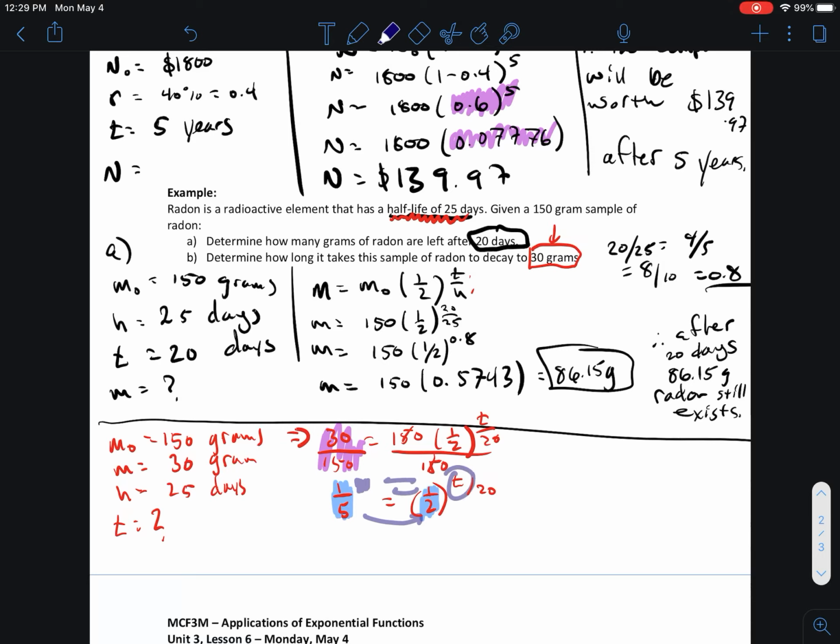Because ultimately I need the bases to match. Once the bases match, I can make the exponents equal to each other and I can just solve for t. But the first thing is I need to make the 1/5 into a 1/2.